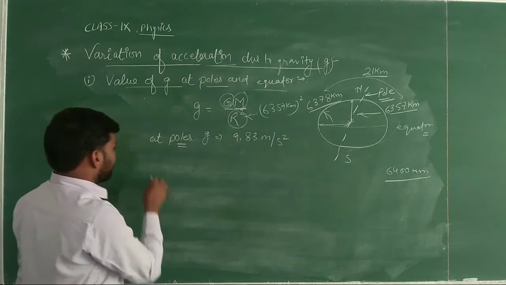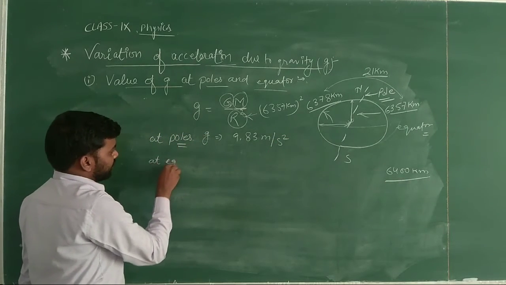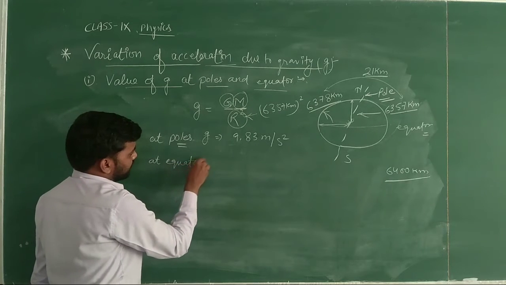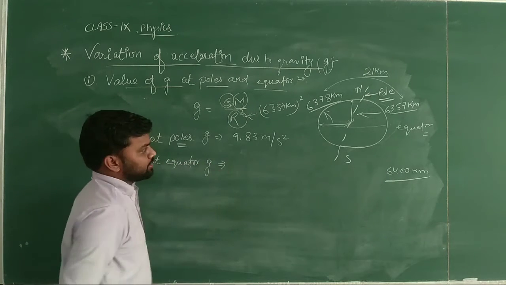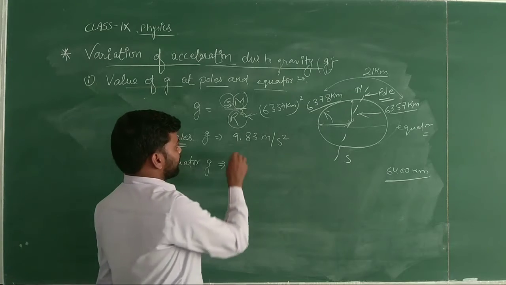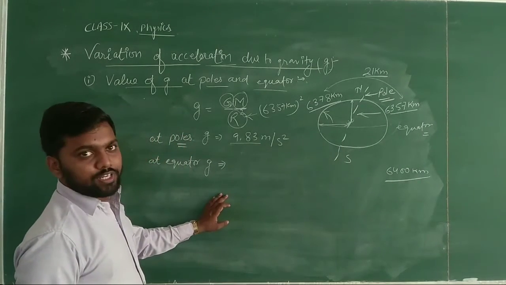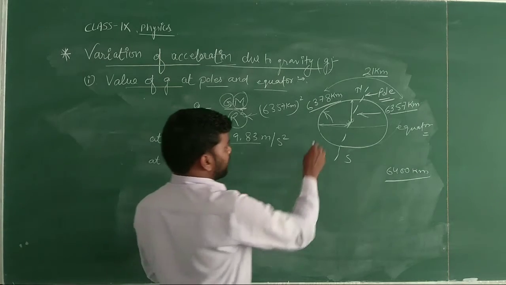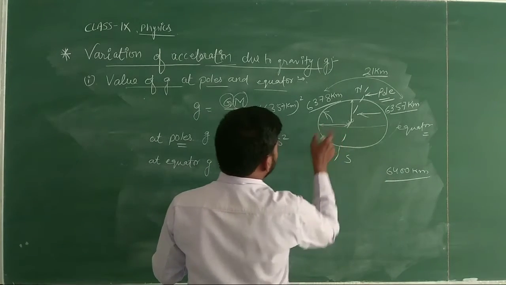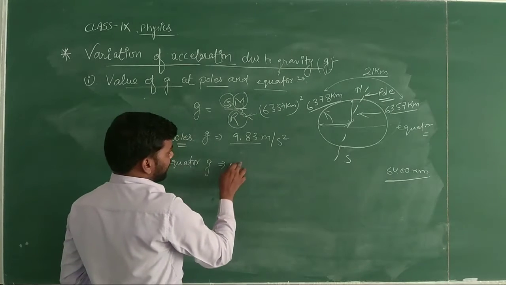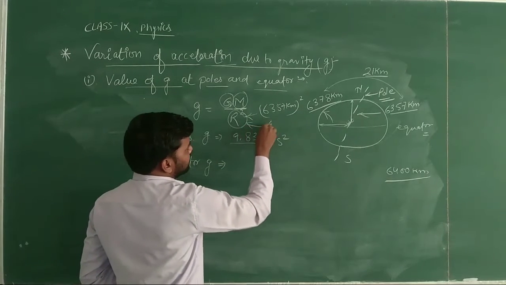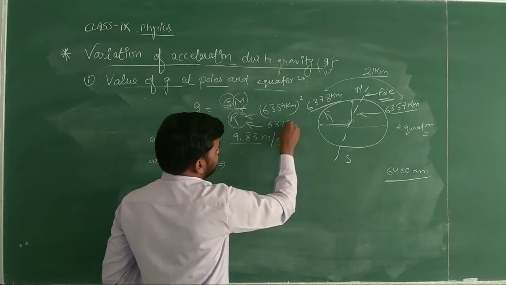But what happens to the value of g at the equator? The value of g in this case will decrease, because we are going to the equator side, so we take a different radius, which is 6378 kilometers.